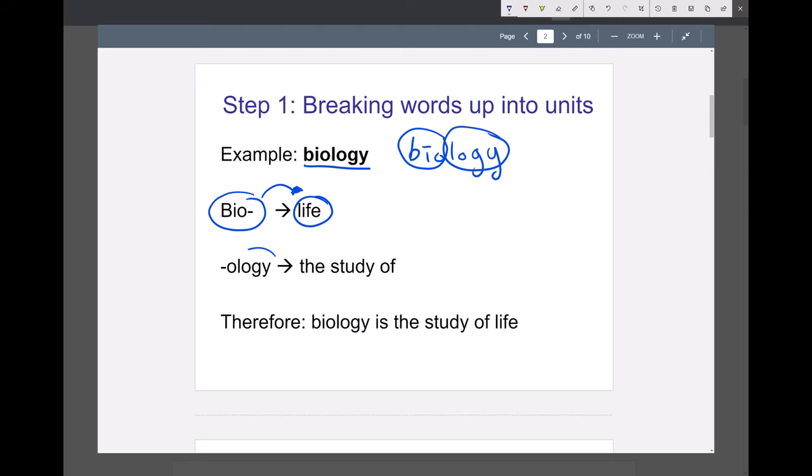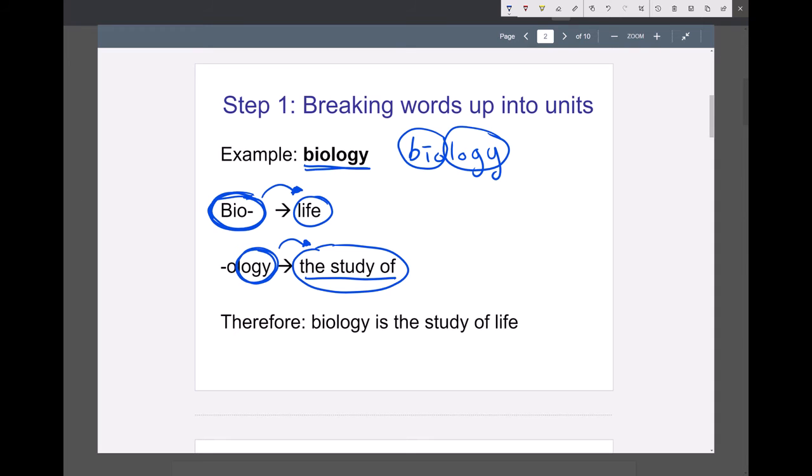And ology or logi, you can think of the word like logic or logos here. So these Greek words give meaning, and putting them together gives you a new word. So bio means life, and logi, or based on logos, means the study of.